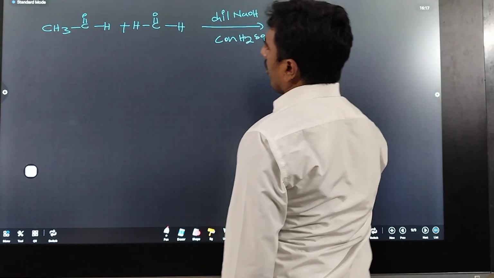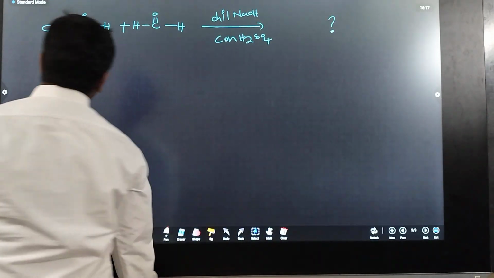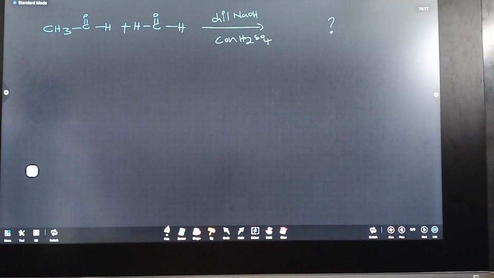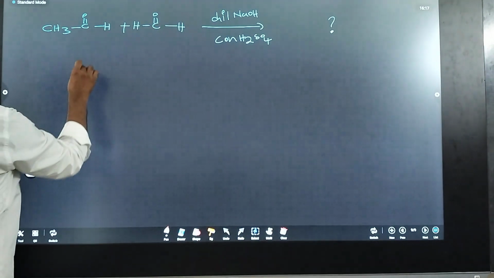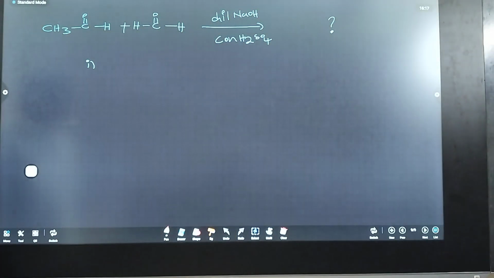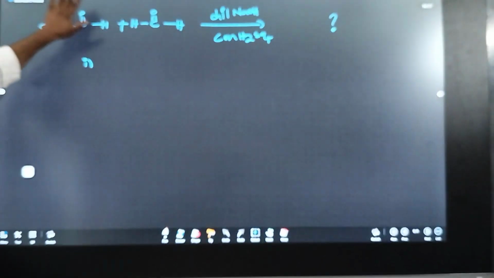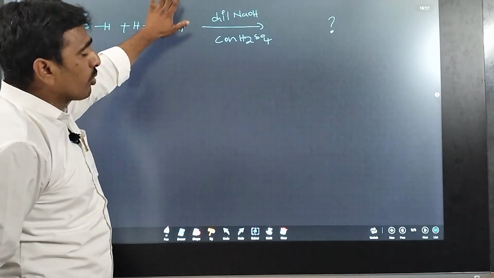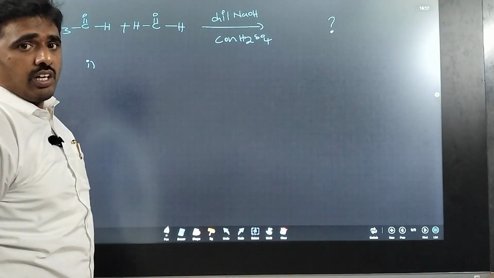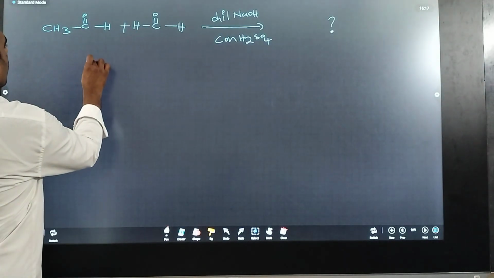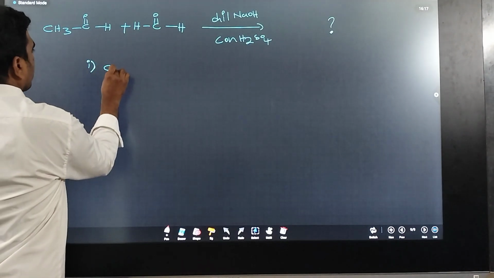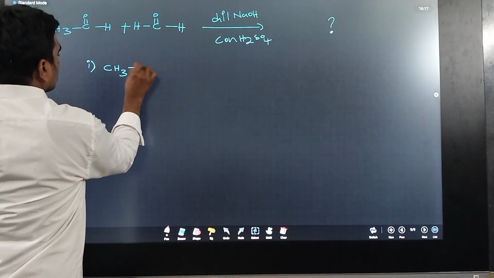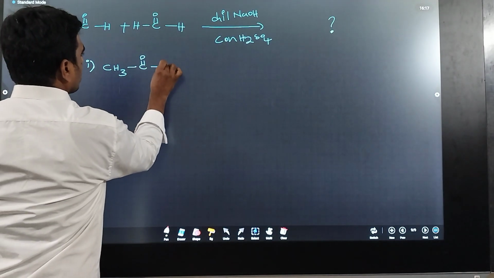Which product is obtained? Here, first step: the first one is an alpha hydrogen containing carbonyl compound, and the second one is a carbonyl compound without alpha hydrogen. So CH3 C double bond O H.